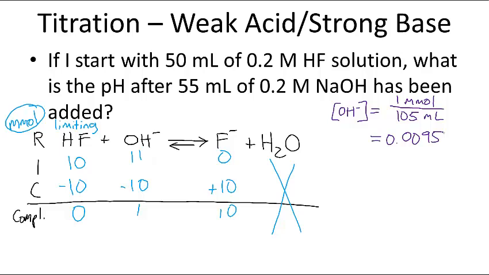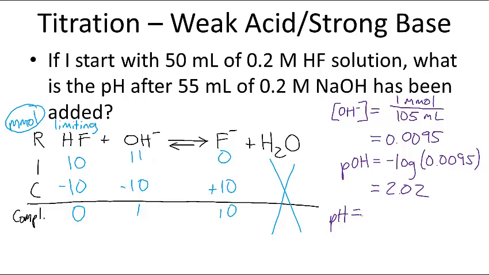So my pOH is the negative log of that. It's going to be very close to 2, 2.02. And then pH is 14 minus that, 11.98.